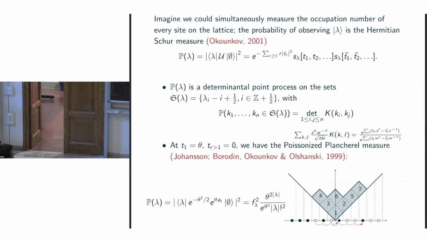And meanwhile, back on the partition side, because we have something generated by a Hermitian Hamiltonian, we have a well-defined probability measure on the partitions, in spite of our weird choice of specialization.